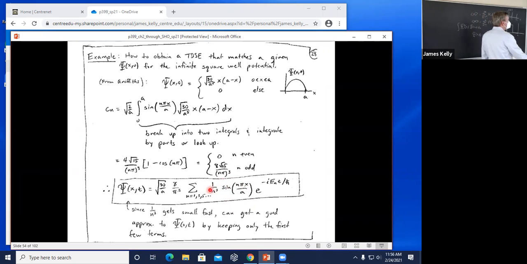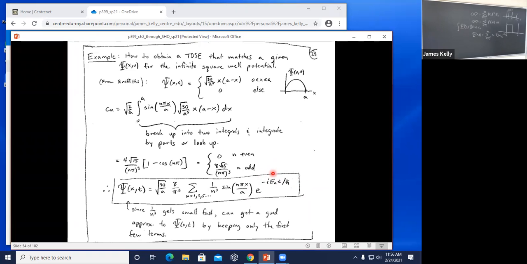This is part of the CNs, the constant part of the CNs I factored out in front of the sum. We realized that the CNs were 0 for even ns, so I just put odd ns in the summation just to be efficient about it. And here are those corresponding exponentials. And the ENs correspond to the ENs, you know, that's the formula that we gave for the infinite square well.